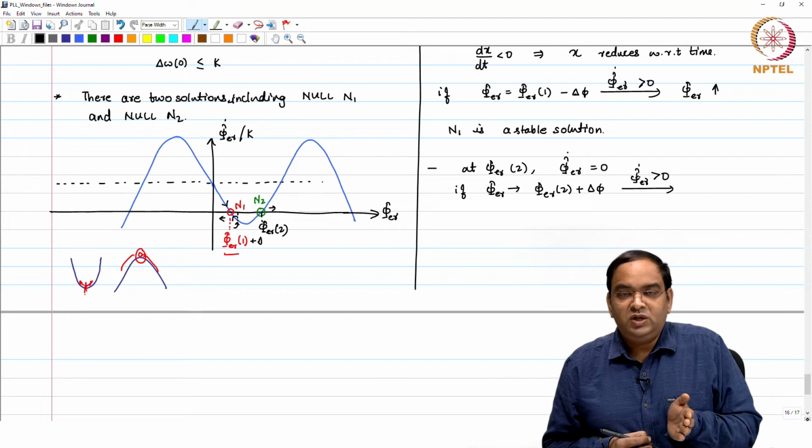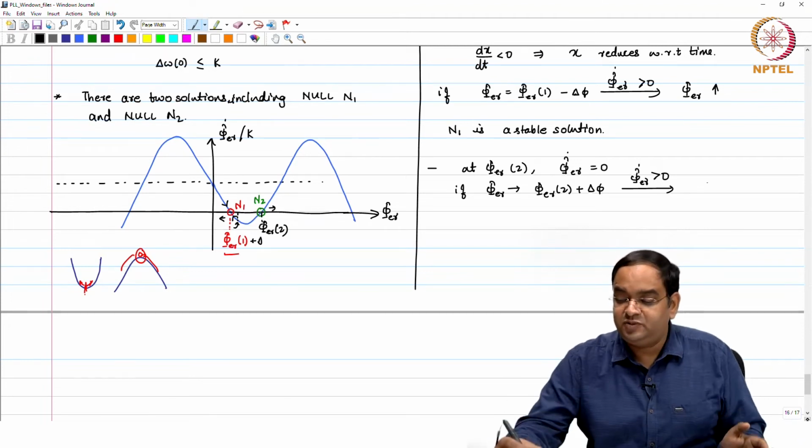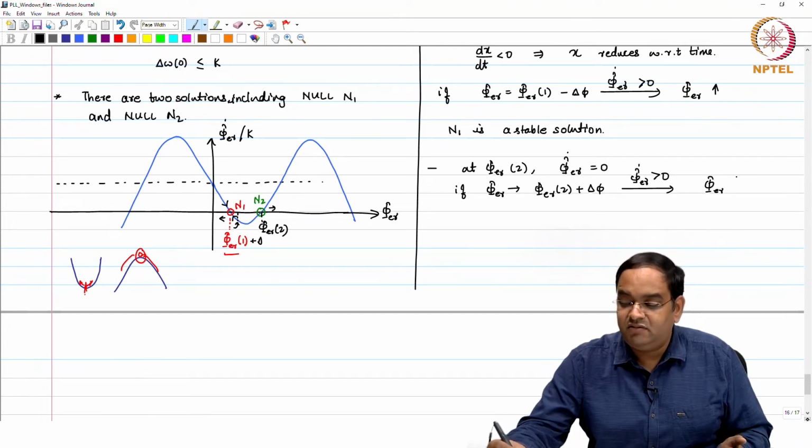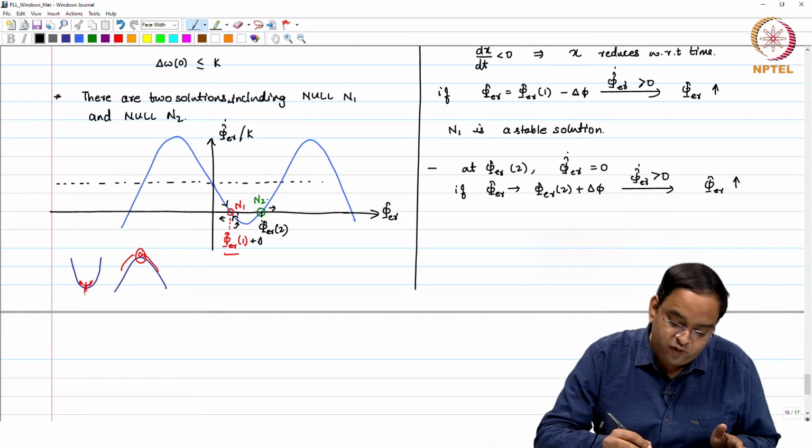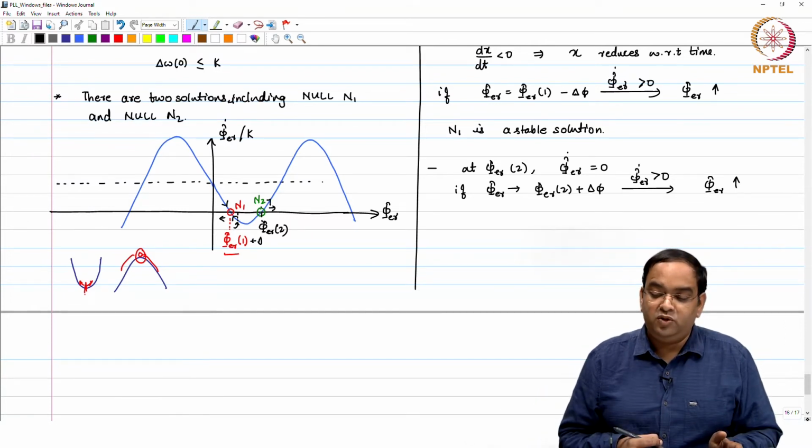If you move from 0, the slope is positive. If the slope is positive, what will happen? The phase error will increase. So, you move away from node N2.